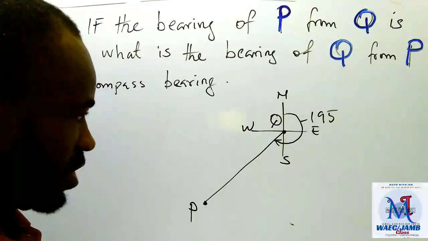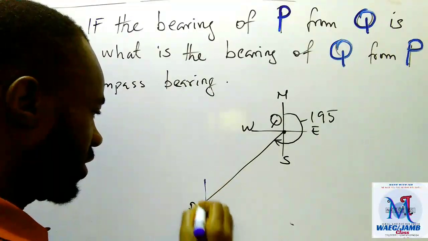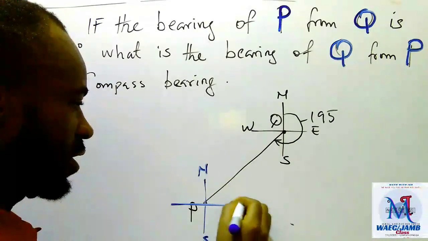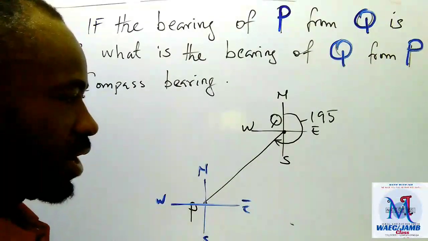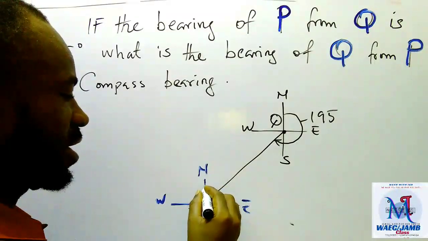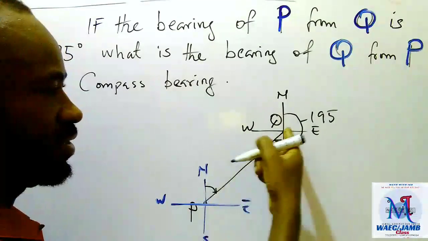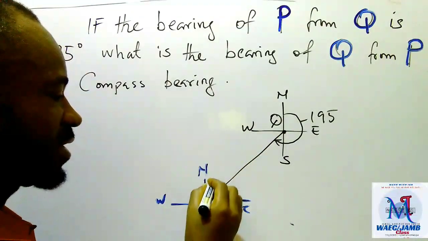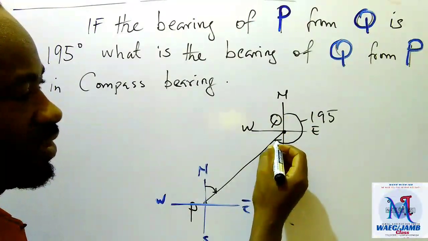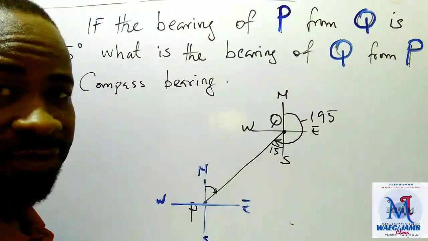So we come to P, and we create a cardinal point there: north, south, east, and west. Now, the bearing is that angle from the north down to the line connecting P and Q. If this whole angle here is 195, it means that this tiny angle here is 15.